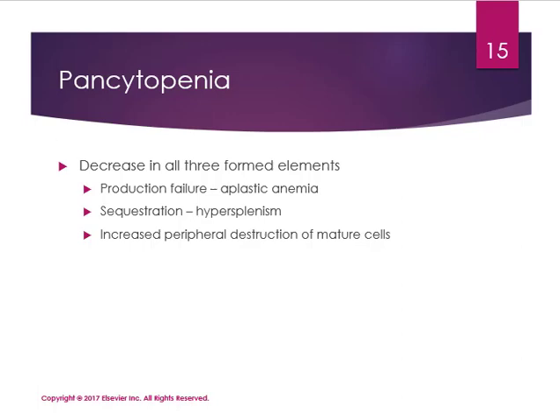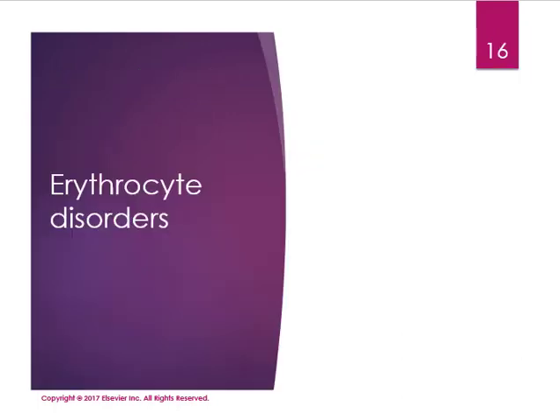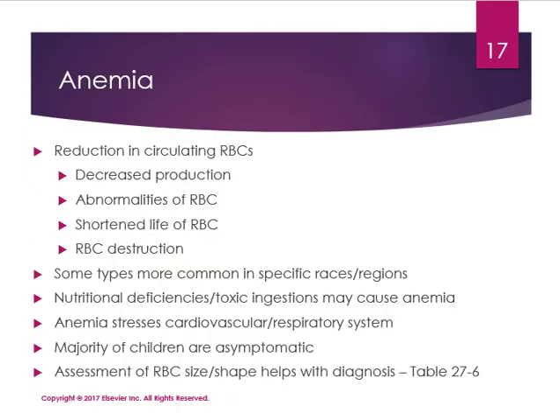Okay, let's talk a little bit about some erythrocyte disorders. First being anemia. It is a reduction in the circulating RBCs, whether that is from decreased production, abnormalities in the RBCs, whether they, for whatever reason, are having a shortened life cycle, or increased destruction of them.